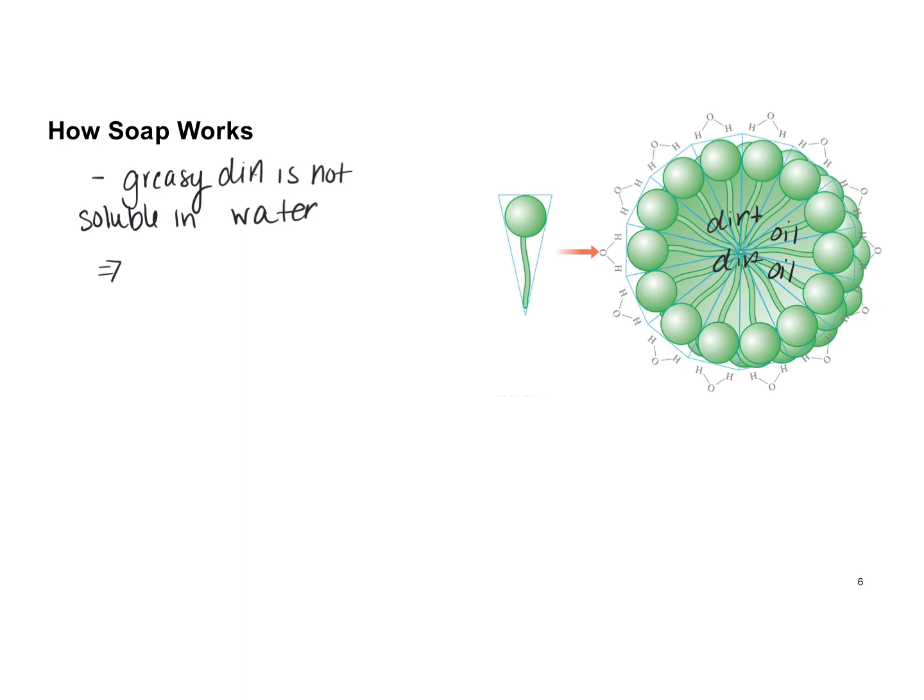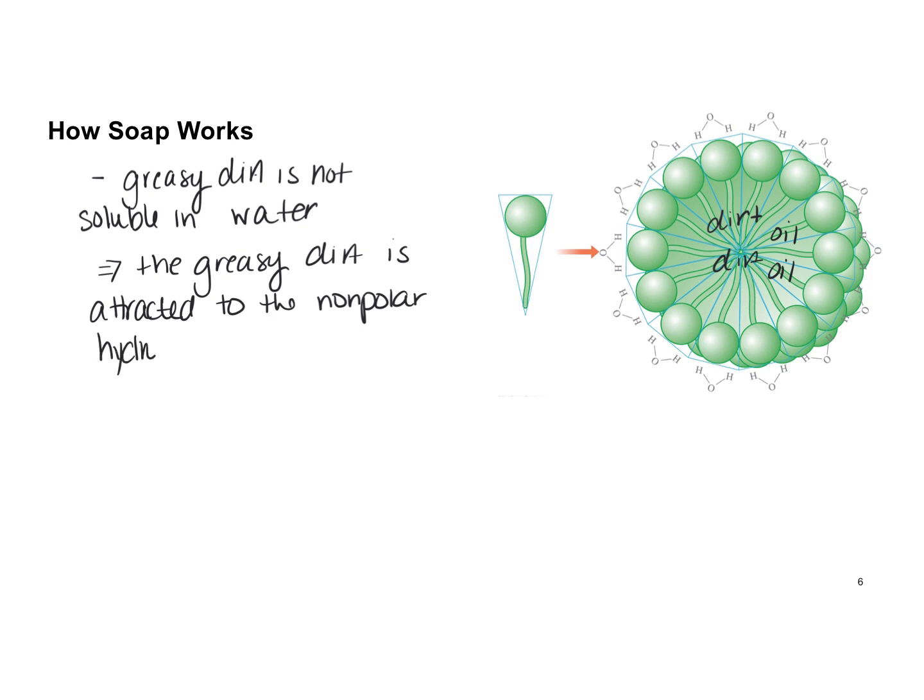And so when skin or clothing has a greasy dirt stain and it's washed with soapy water, the greasy dirt is attracted to the non-polar hydrocarbon tails of the soap.